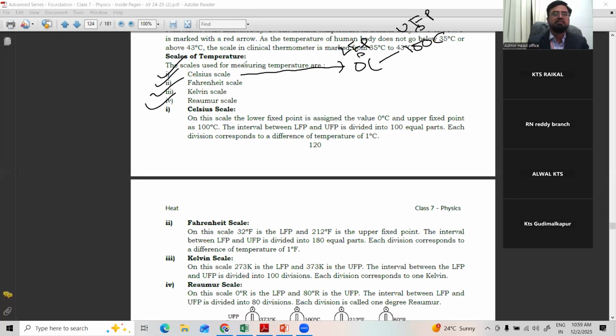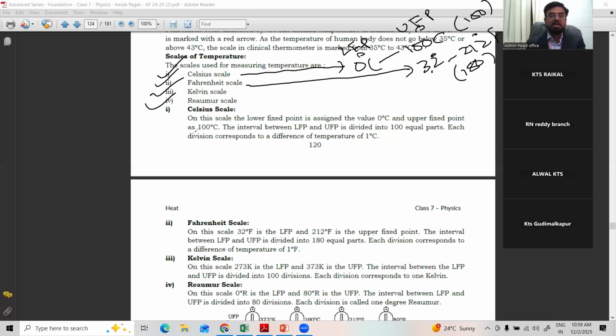Whereas the Fahrenheit scale starts from 32 degrees Fahrenheit and ends at 212 degrees Fahrenheit. Here the total divisions are 100: 100 minus 0 is 100. Here the total divisions are 180: 212 minus 32 is 180. It means the thermometer contains 180 divisions.